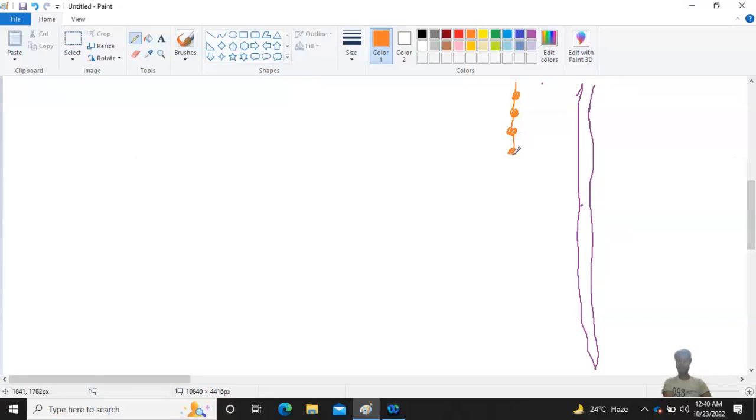Then thoracic, where 11 to 12 ganglia are present.